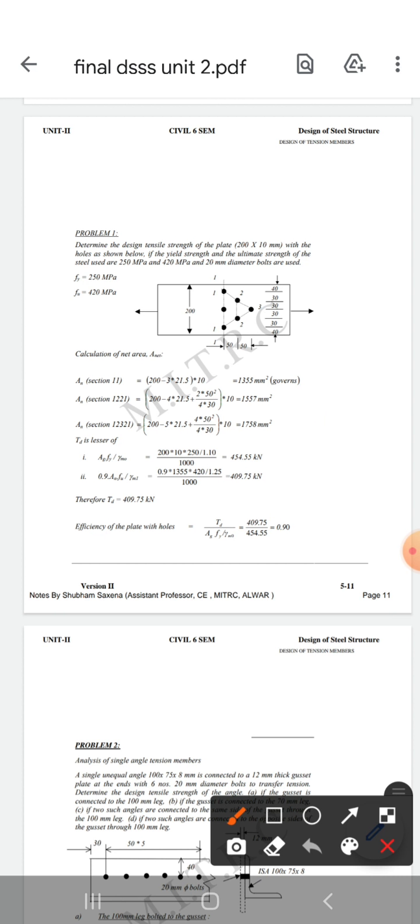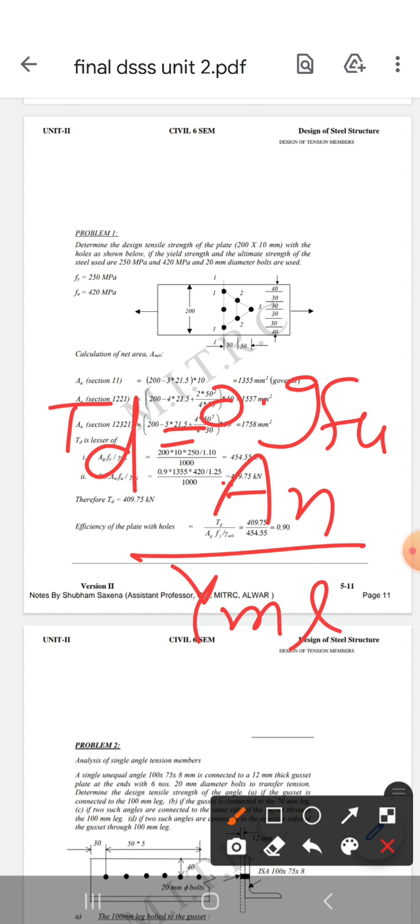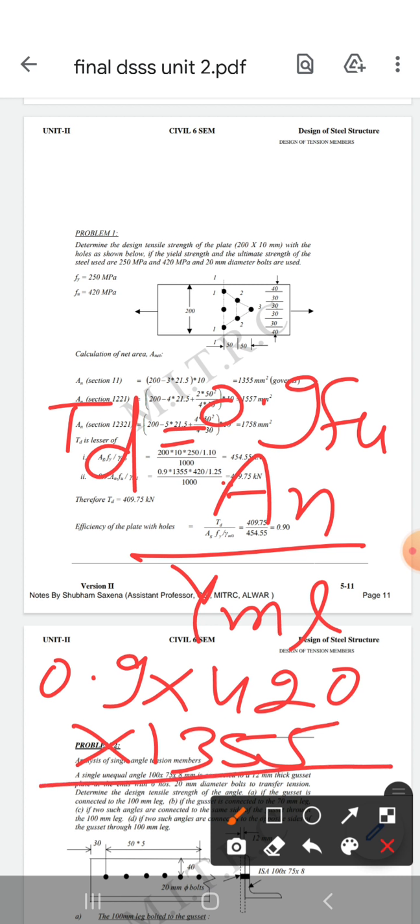Now we have to see the T d according to rupture, which is 0.9 Fu An upon gamma m1. Here 0.9 into Fu, the value given in the question as 420, An we have calculated 1355, divided by 1.25.